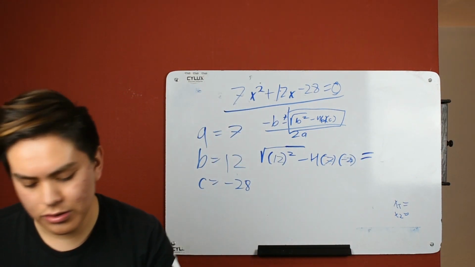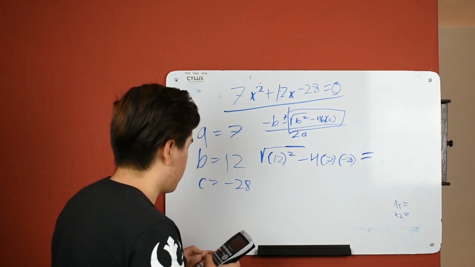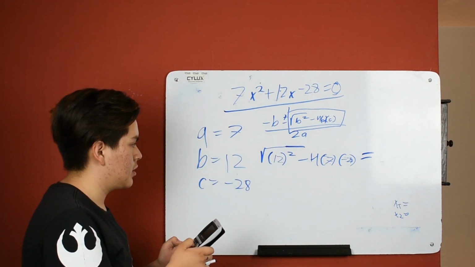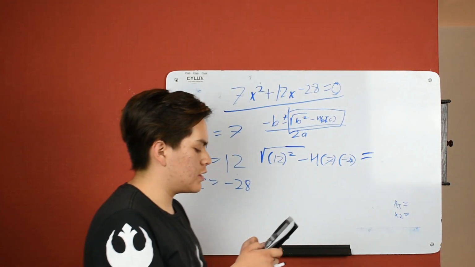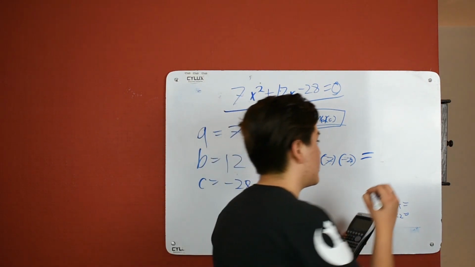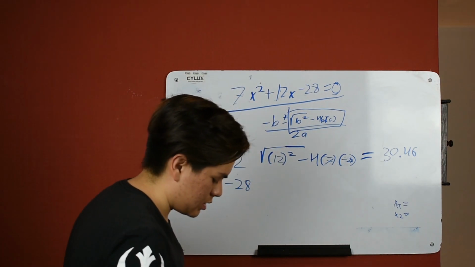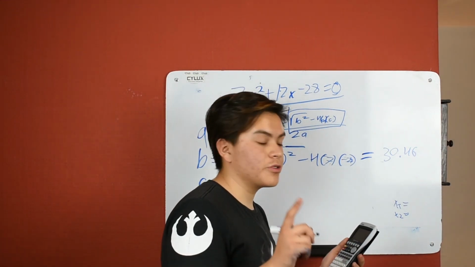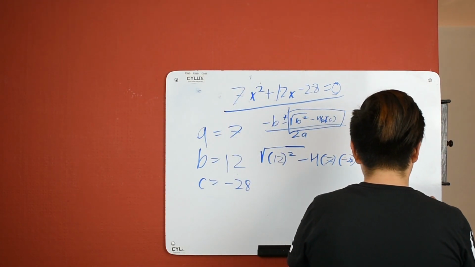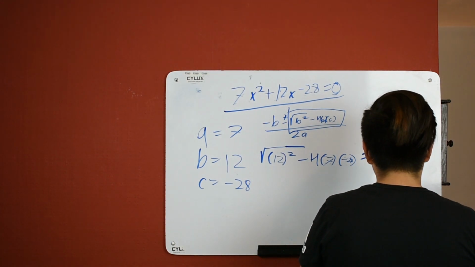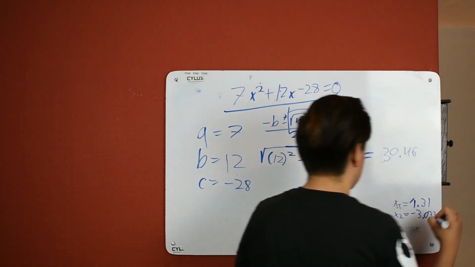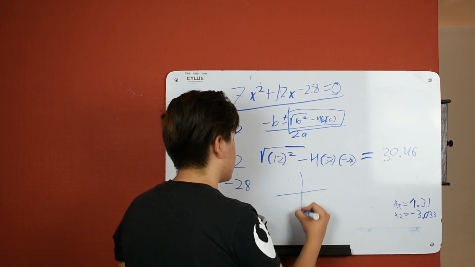So in the calculator, we can resolve it. That gives us the answer of 30.46. And our roots are the next: minus 3.03 and 1.31. A graphic like this.